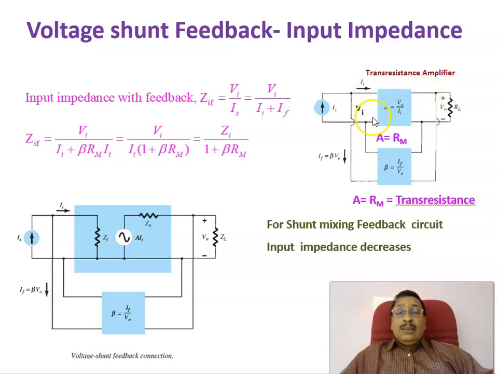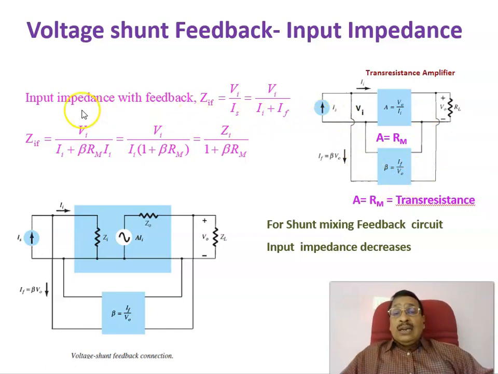Here the voltage is taken to the feedback circuit and the output is the current. Therefore, the input to the feedback network is the voltage and the output is the current. Beta is given by the current If divided by V naught. That is the feedback factor beta.